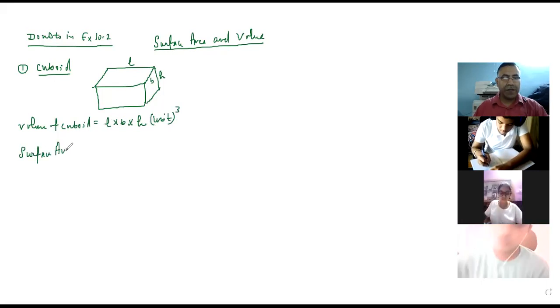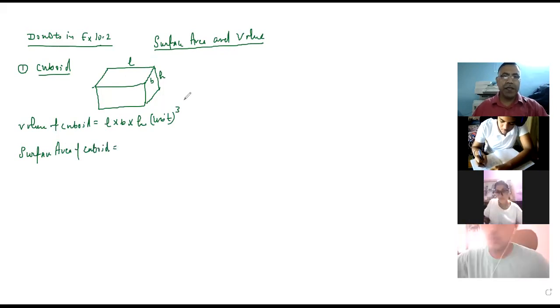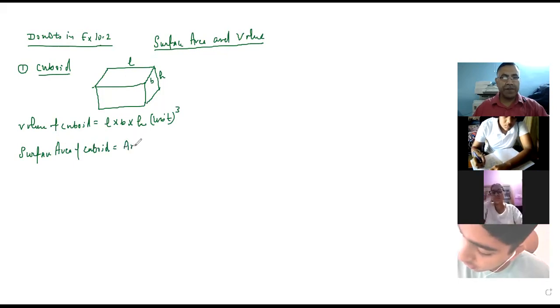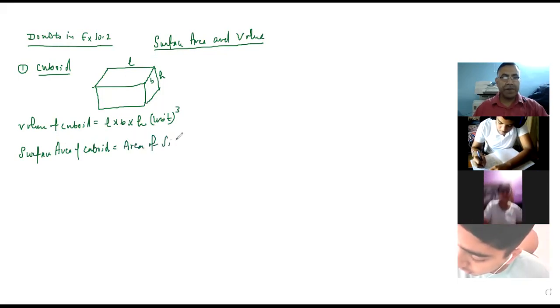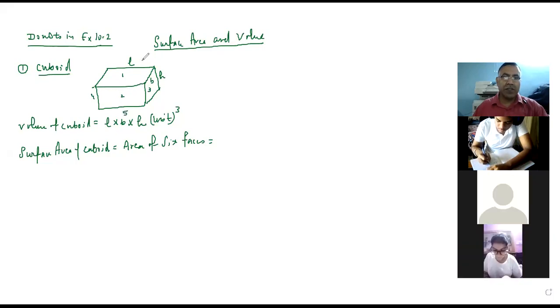Surface area of cuboid means area of the 6 faces. इसके 6 फेस हैं, जैसे ये एक फेस हो गया, ये 2 फेस हो गया, ये 3 फेस हो गया, 3 के अपोजिट इस तरफ 4 हो गया, 1 के अपोजिट ये 5 हो गया, 2 के अपोजिट दूसरी तरफ ये 6 हो गया.